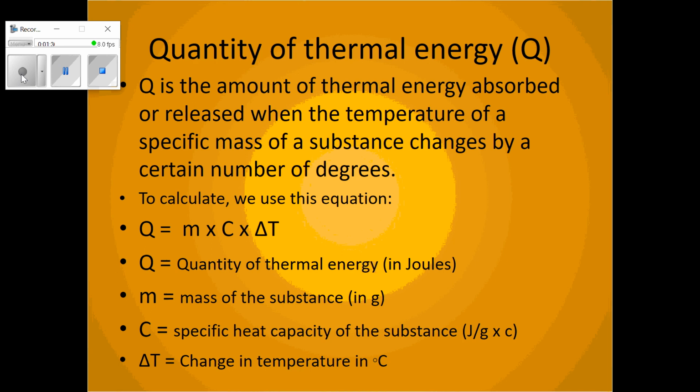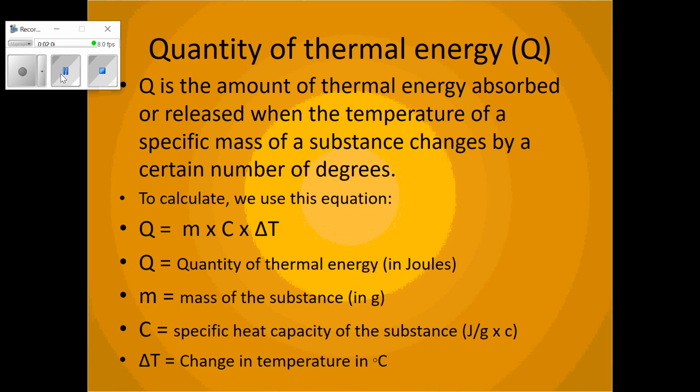M is the mass of the substance in grams, and C is the specific heat capacity that we talked about. This is the amount of energy required for 1 gram of the substance to be raised by 1 degree. And delta T refers to the change in temperature.